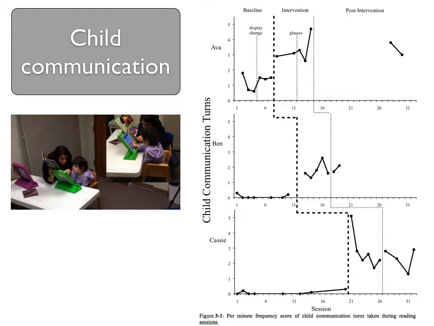We see trend in baseline. We see very little trend. It's very flat. And then in Ben's data, we see an upward trend to the data. It's accelerating, or it's an upward trend rather. And then we see a downward trend to the data in Cassie.